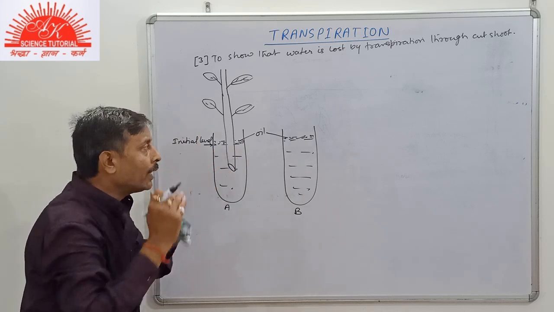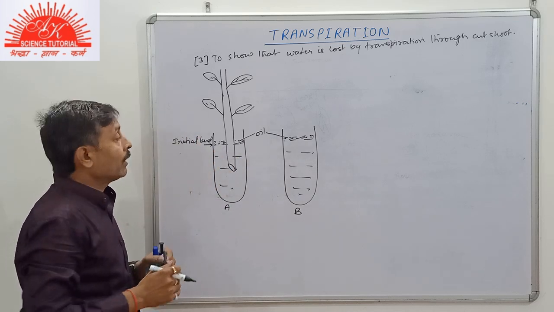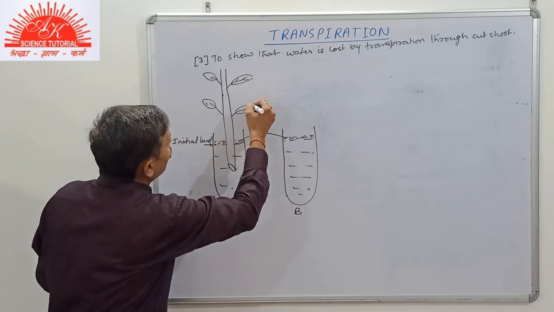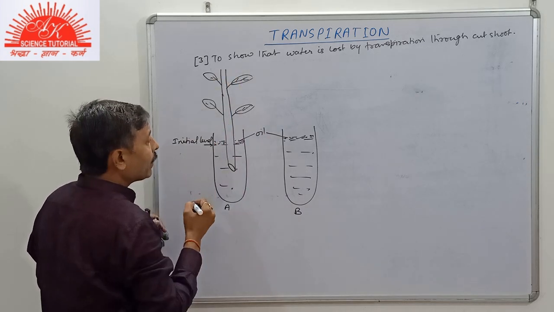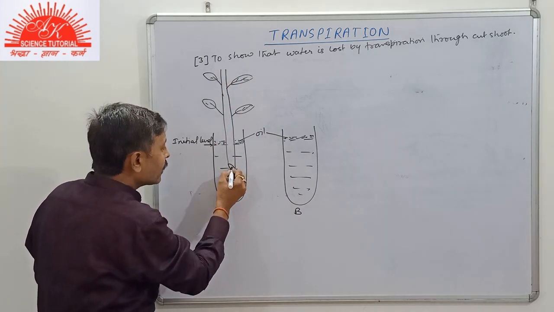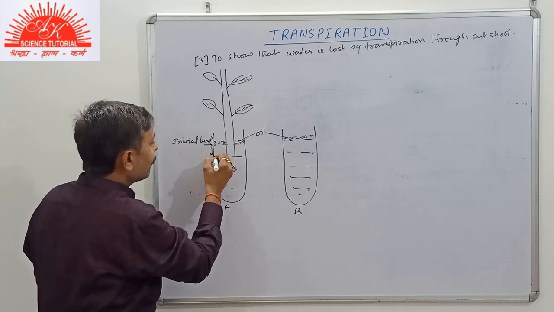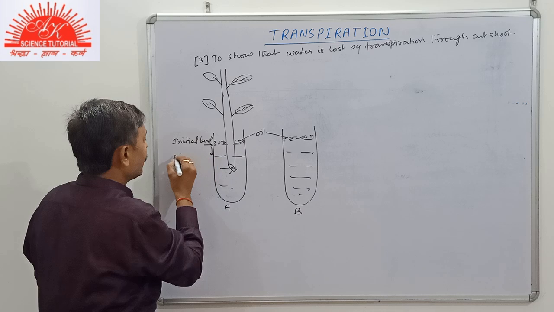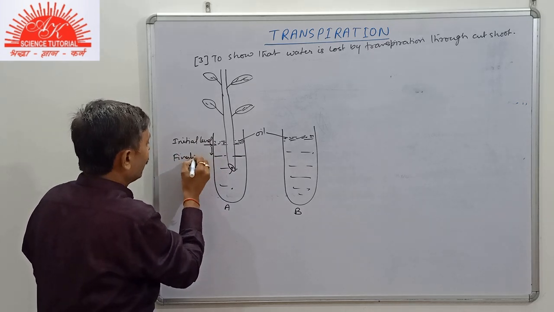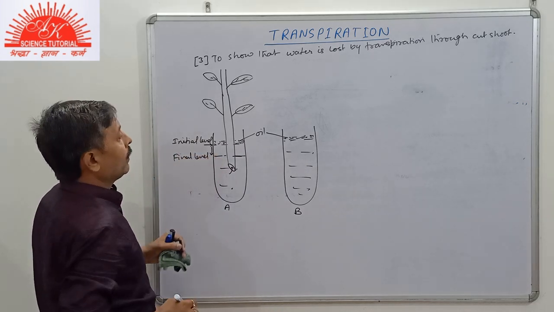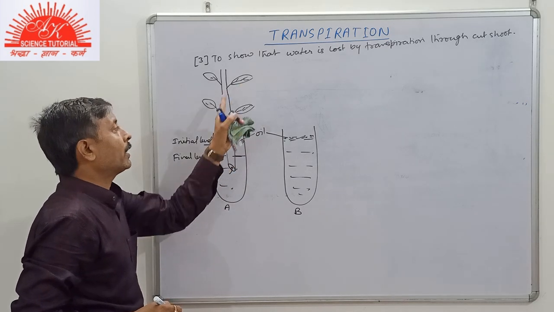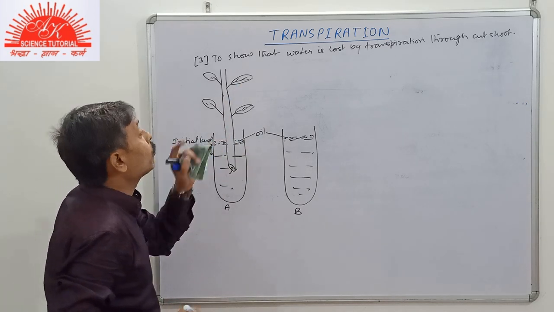When the setup is placed in sunlight, then the water is lost by transpiration through aerial part, which is in turn sucked by this part. Hence there is decrease in level of water, that is the final level. This indicates that water is lost by transpiration through this twig.